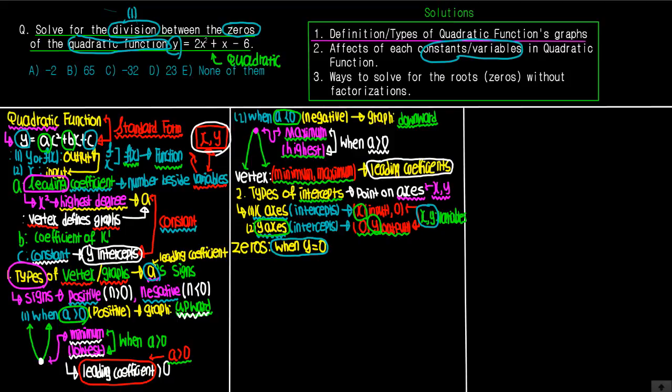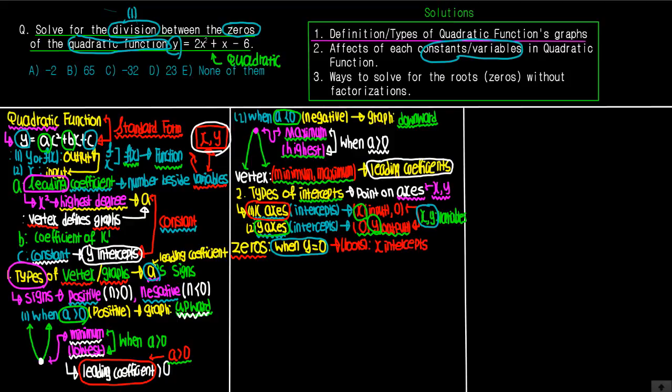Well, when is the case when our y value is equal to 0? It will be on our x-axis. When our x value exists, our y value should always be equal to 0. So our zeros, which we also call the roots, are the same thing as our x-intercepts.